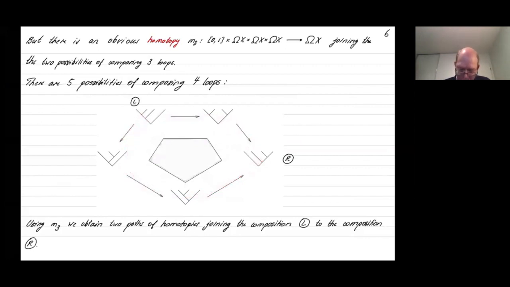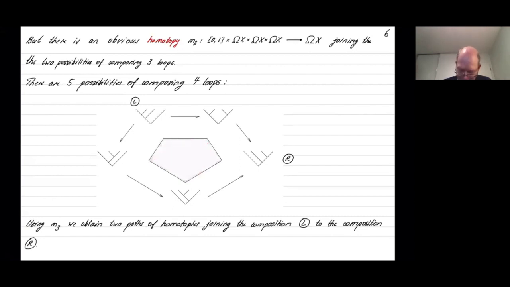And it's more or less clear that we can actually continuously move all the cutoff points together. And in this way, we obtain a family of compositions which interpolates between these 2 paths.